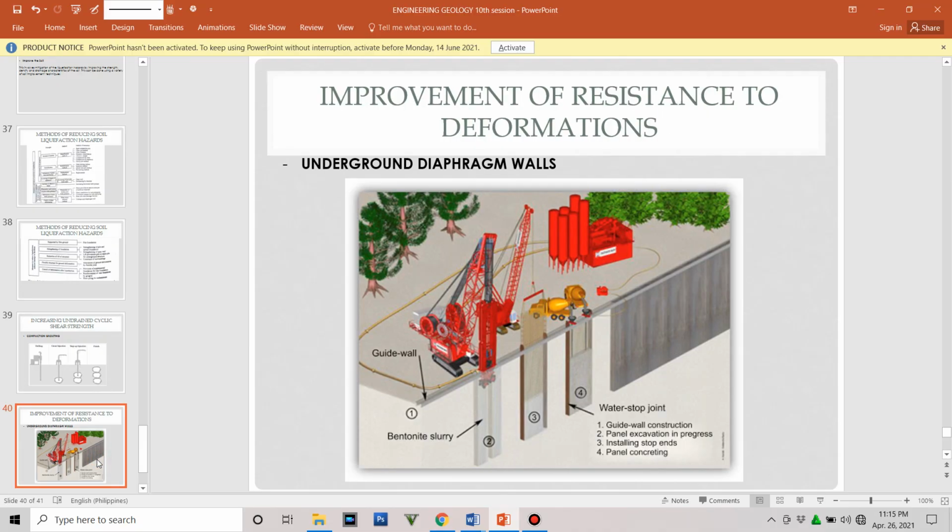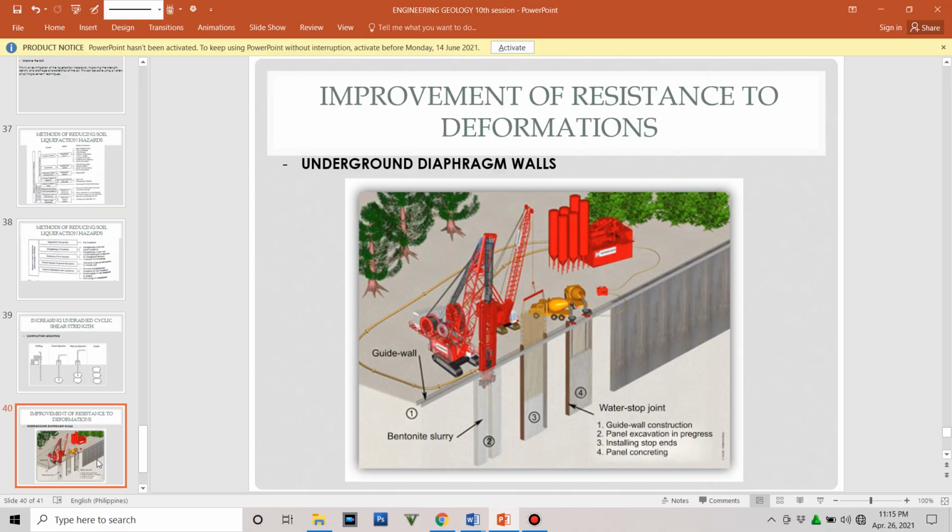Okay? We can also have, if we intend to improve the resistance to deformation, we can employ the underground diaphragm walls. So surrounding the liquefiable soil with continuous underground walls.